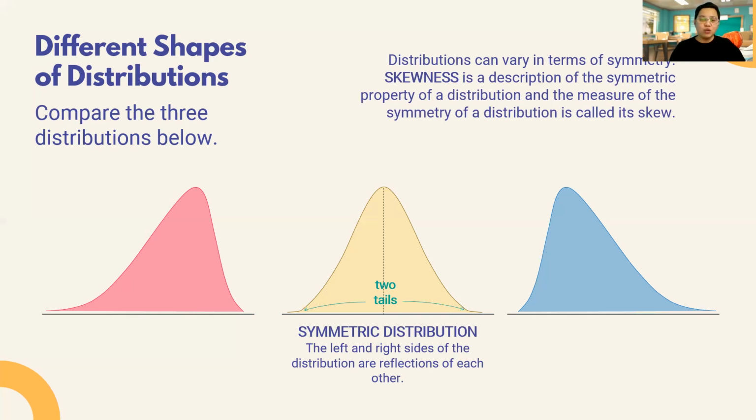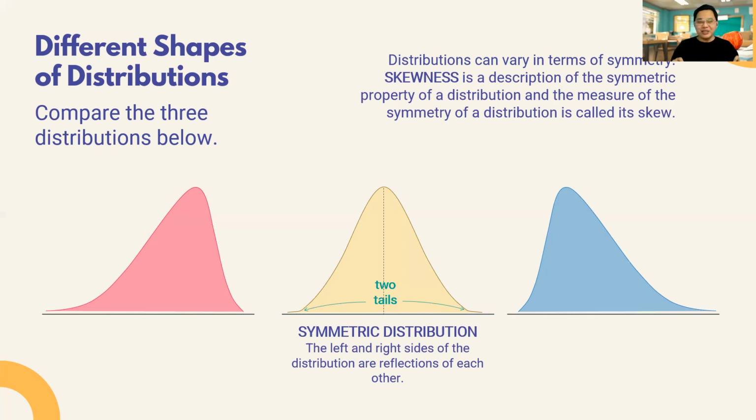Now, one of the things that you also need to take note of is that when we study density curves, we are also interested in what we call the tails of the distribution. So the tails of the distribution are the parts of the density curve to which the distribution tapers. So this is where the curve becomes thinner.